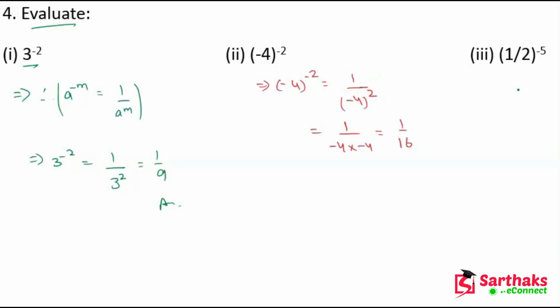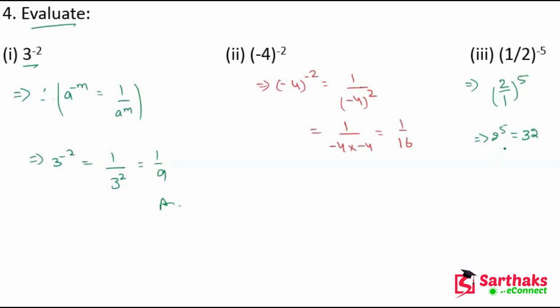Now 1 upon 2 raised to power minus 5. To make the power positive, this number will be reciprocated. It means this becomes 2 upon 1 raised to power 5. We can write 2 raised to power 5, which is equal to 32.